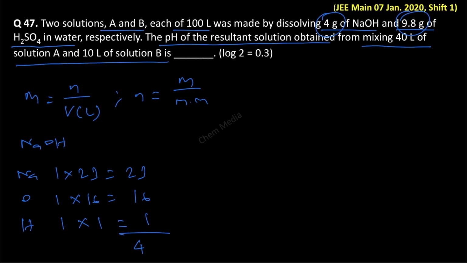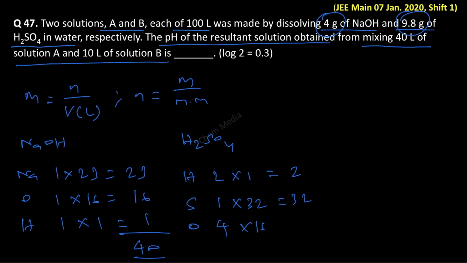So this will be equal to 40. Then molar mass of H2SO4: we have 2 hydrogen atoms, so 2 times 1 is 2, 1 sulfur atom, so 1 times 32 is 32, and 4 oxygen atoms, so 4 times 16 is 64. So this will be equal to 98.